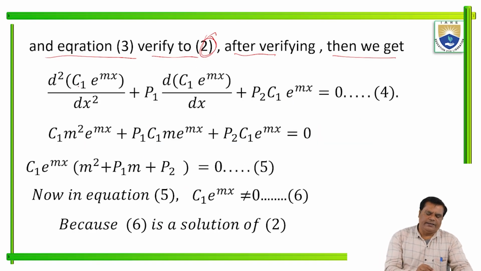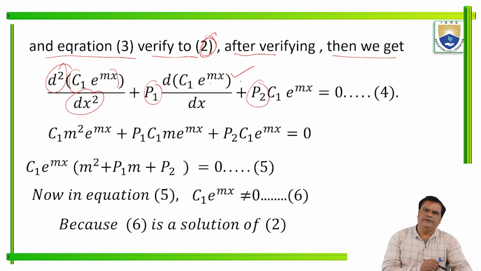So we write d2 over dx2 of y, where y is c1 e to the power mx, plus p1, a constant, times d over dx of c1 e to the power mx, plus p2, also a number, multiplied by y, which is c1 e to the power mx, equal to 0. This is because this function is not a known function; I am only considering it.